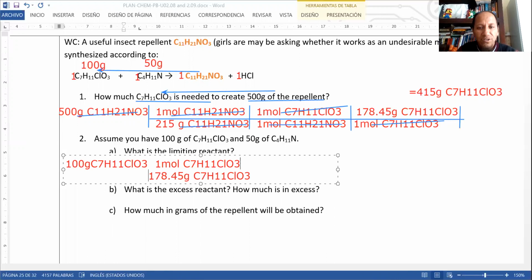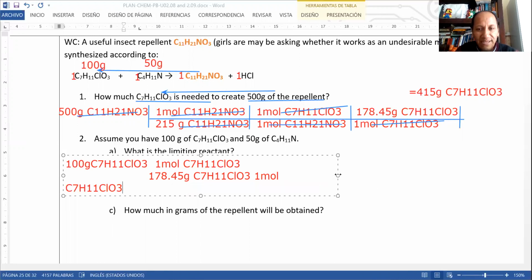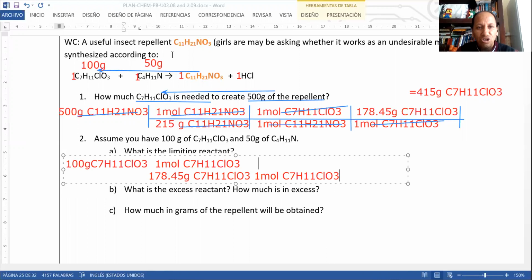So if you did that calculation, now you also know that 1 mole of C7H11ClO3 is related to what? I am not doing any calculation, just relating it with the second compound, for which I am also given data. It's related to 1 mole of C4H11N. Got it? And then in the lower part, you pass it now to grams: 1 mole of C4H11N.